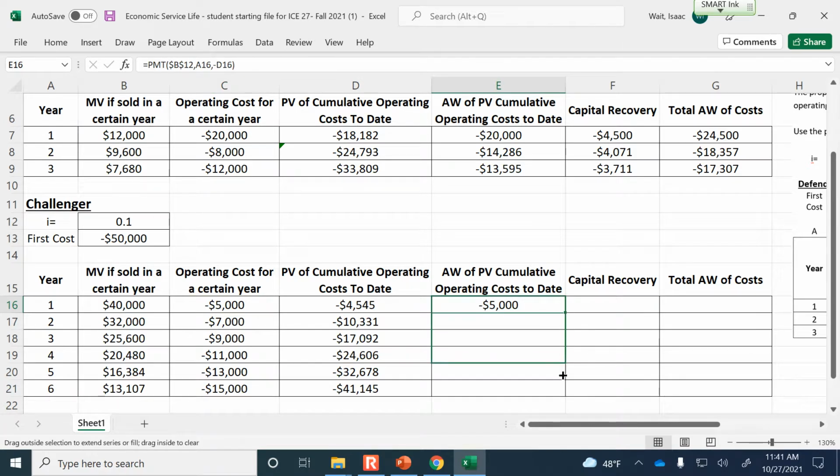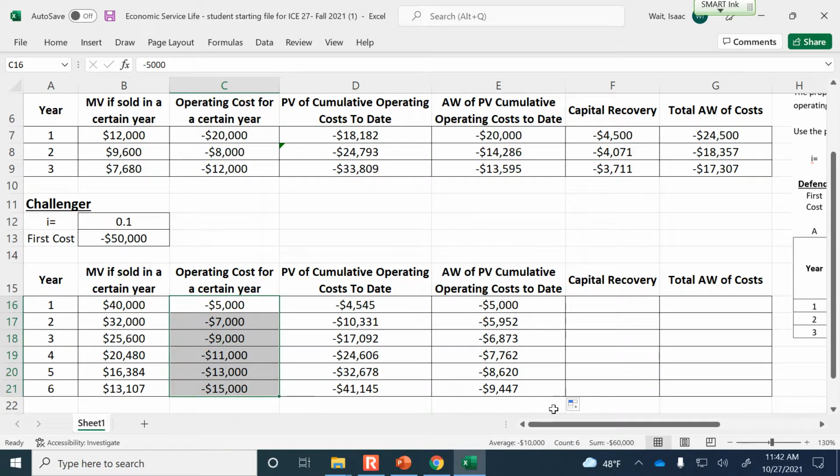But for the rest of these, rather than having a variable operating cost every year, what would I have to pay as a constant amount each year for 6 years in order to cover the operating costs? I could either have 5, 7, 9, this variable sequence of operating costs, or for each of the 6 years, if I'm going to own it for 6 years, the operating cost would be 9,447. So here we've annualized the operating costs to a constant amount, which is what I'd illustrated on the whiteboard earlier.